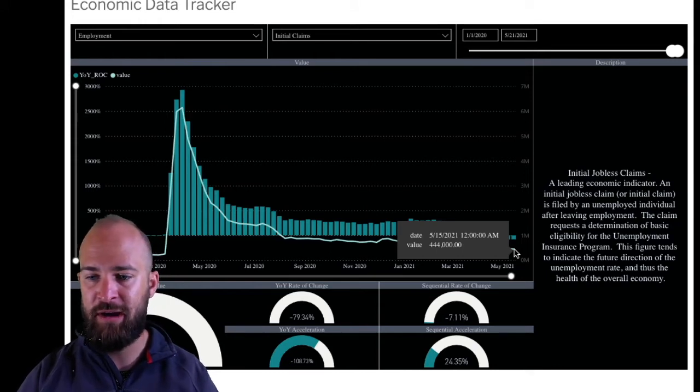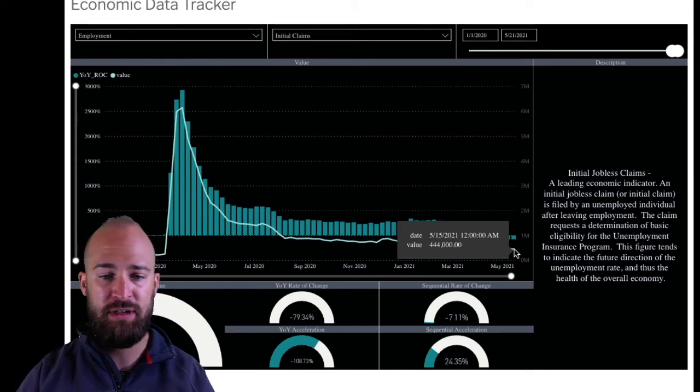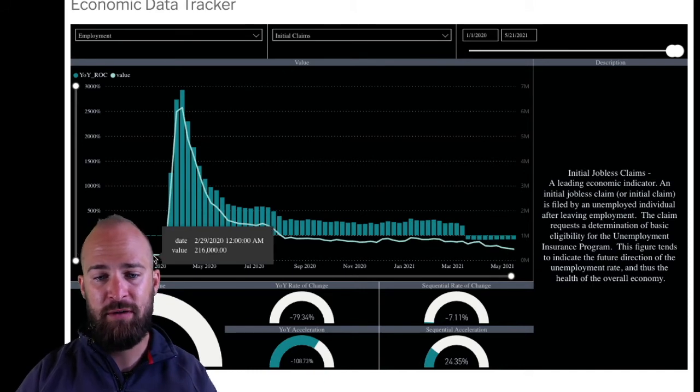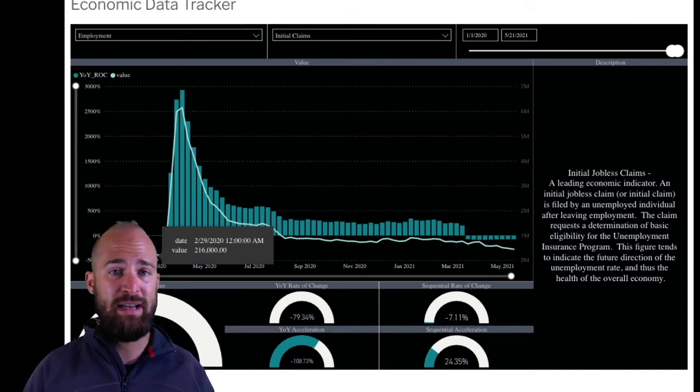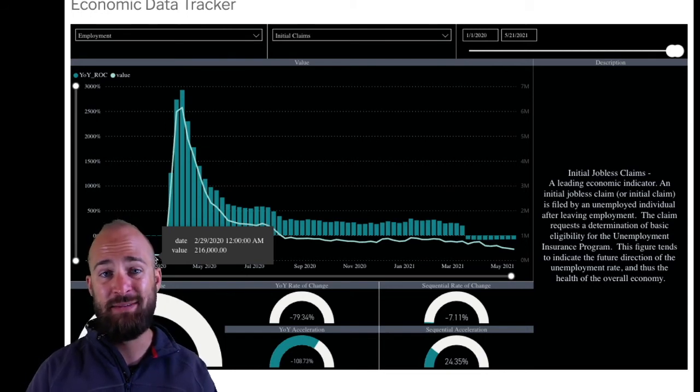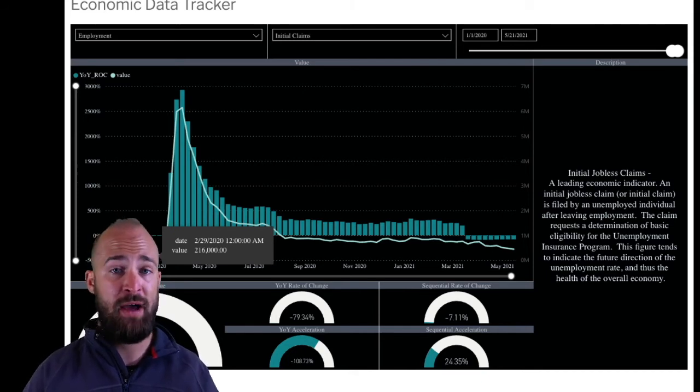So right now, 444,000 new initial claims. Pre-coronavirus, we were more like 200,000. So still about twice as many initial claims as pre-coronavirus. So it tells us that we're still not back to where we were before the coronavirus fallout. And that's going to be an important factor in the Fed's decision making. So while there's improvement, it's still not back to where it was.